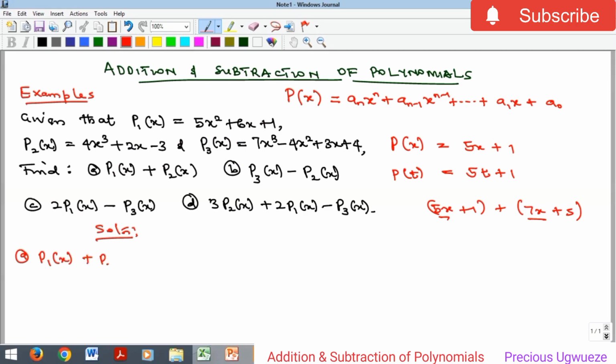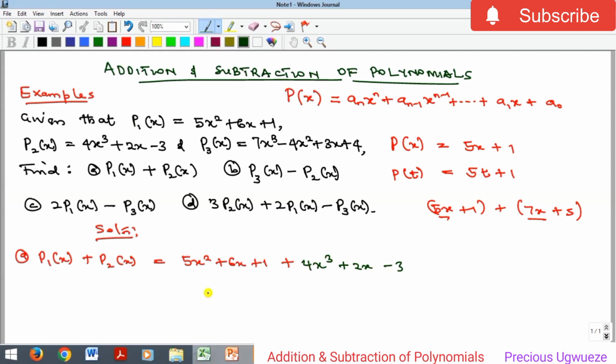From what we have here, our P1 of x is 5x squared plus 6x plus 1, and then we are adding this to our P2 of x. Where is our P2 of x? That's this, which is 4x cubed plus 2x, and then minus 3.